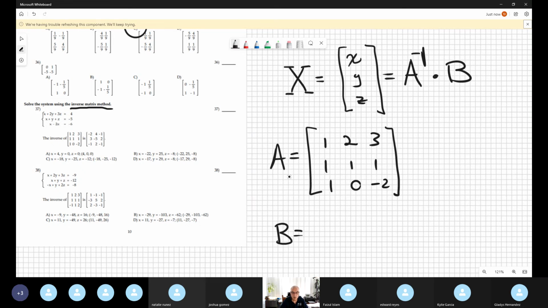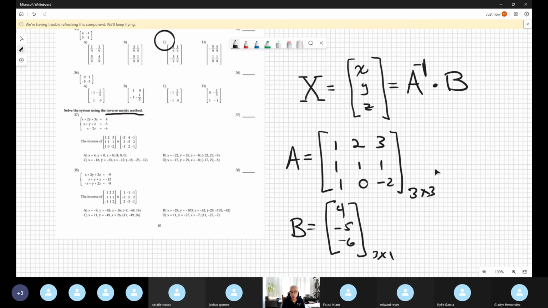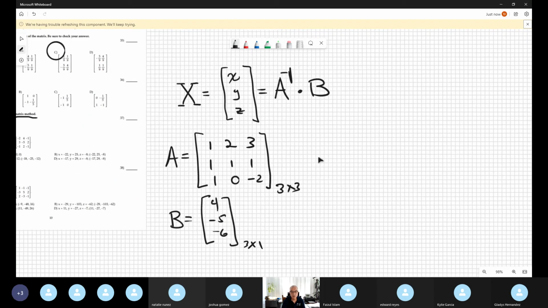B is a column vector, which is 4, minus 5, and minus 6. Okay, this is a 3 by 3 square matrix, nice, it's invertible, and this is 3 by 1. And now multiplication: the inverse of A times B, that formula.